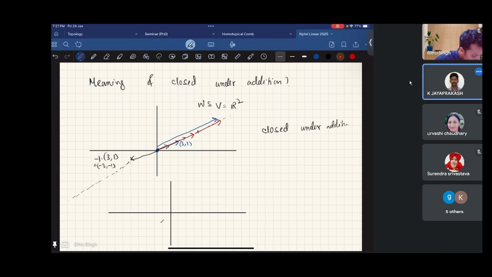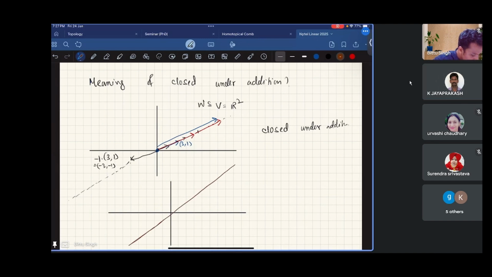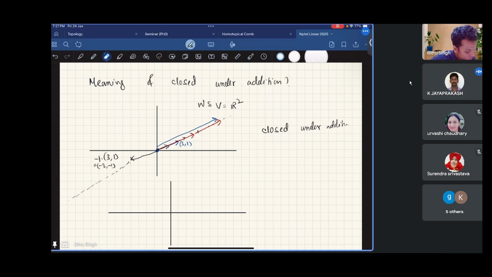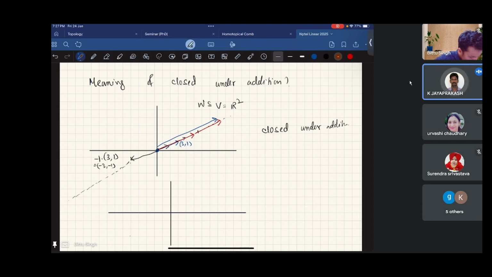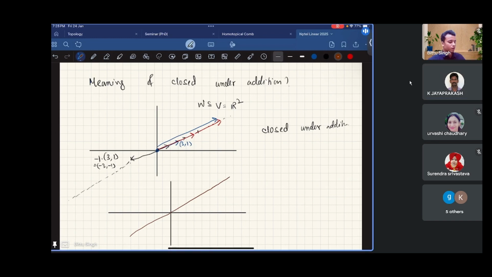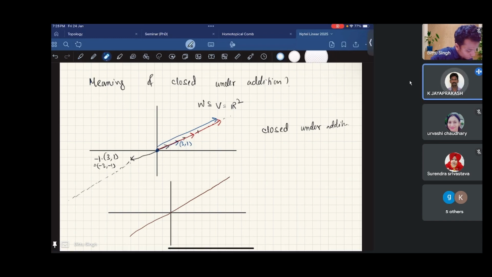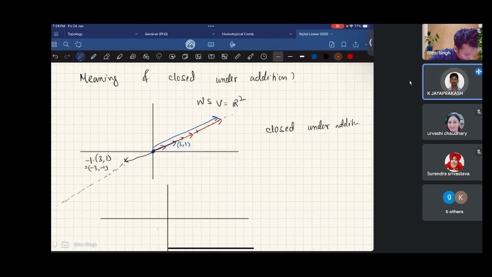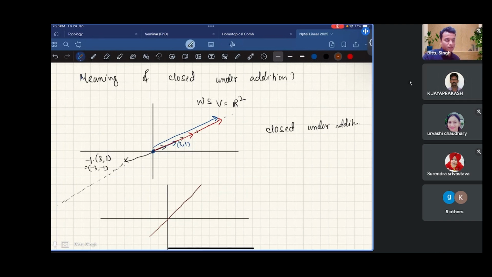The first line is this diagonal, and another line is the x-axis itself.